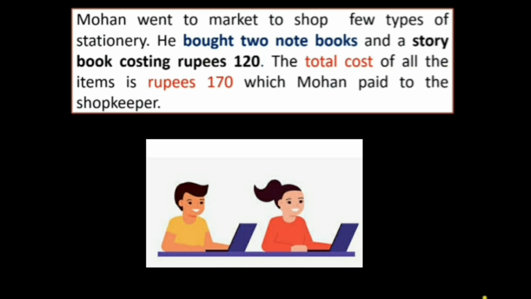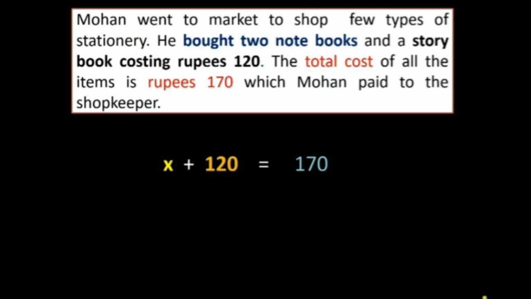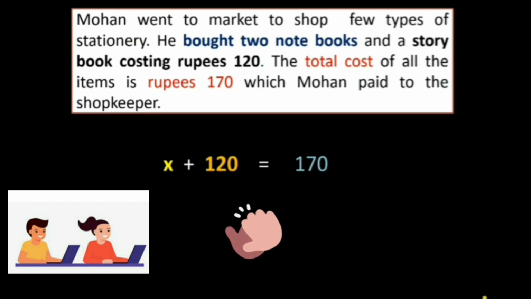Here, the price of a notebook is unknown. So consider the price of a notebook as X and the storybook price is rupees 120 and the total cost is rupees 170. So we can write this equation as X plus 120 is equal to 170. You must have got the same answer, isn't it?